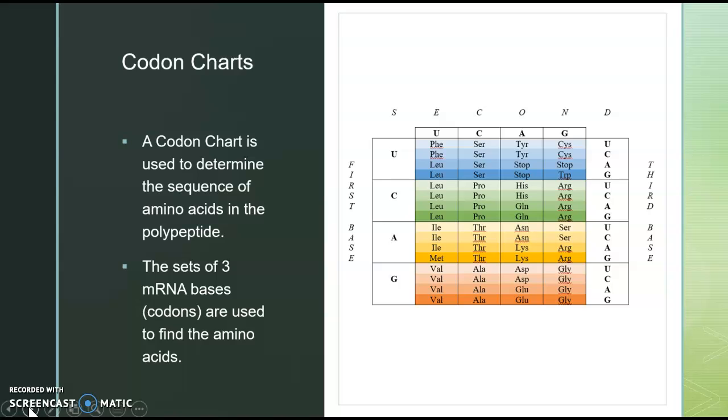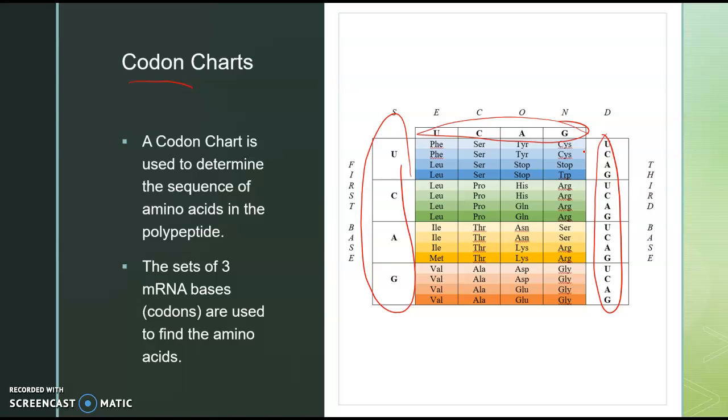So remember that the codon is the set of 3 bases for mRNA. The codon chart has listed out all the codons that are possible. I'm sorry, let me fix this. These are not the codons. These are the codons, okay?